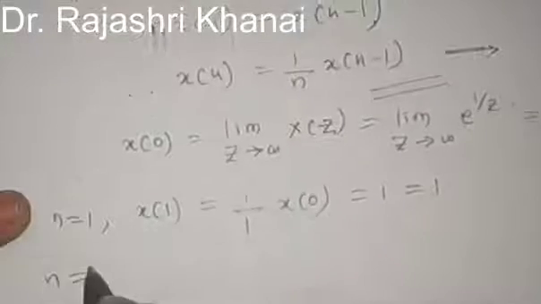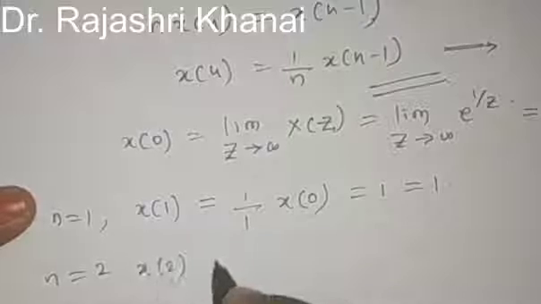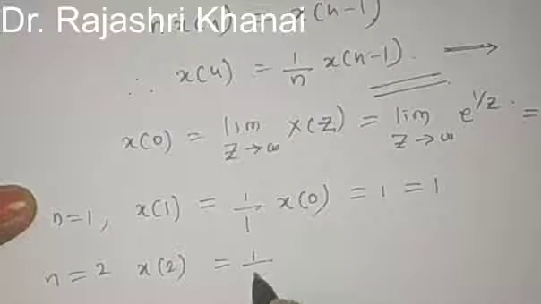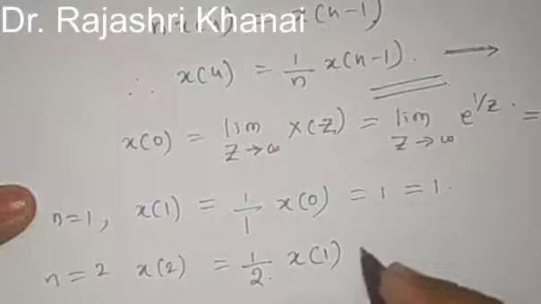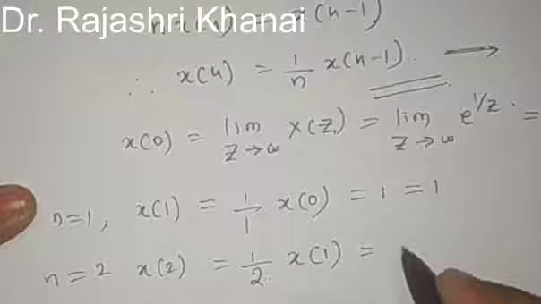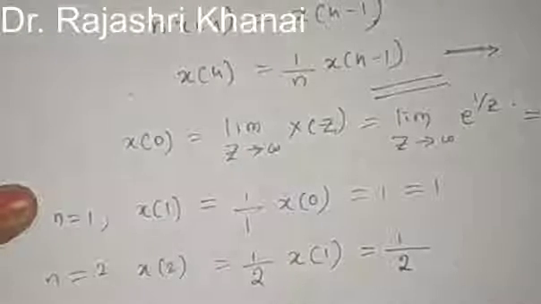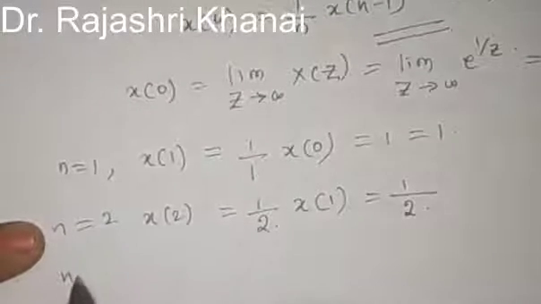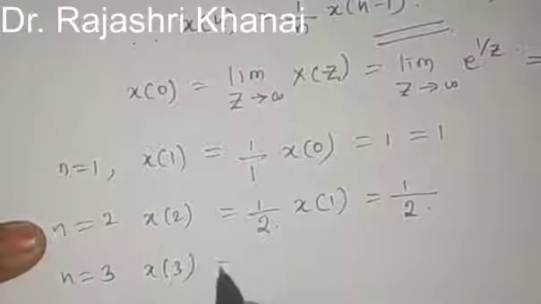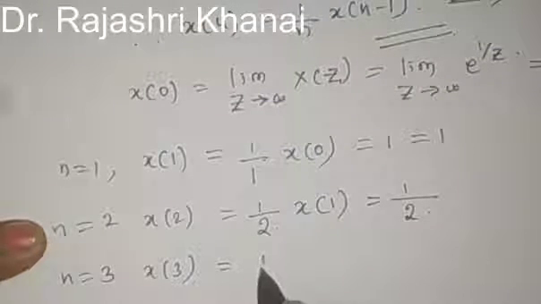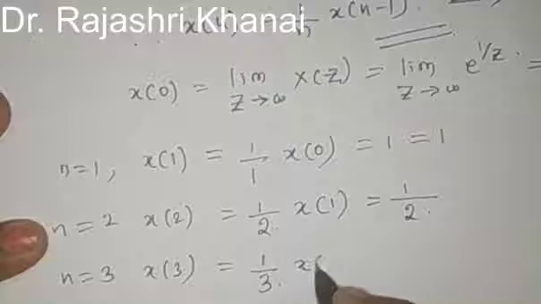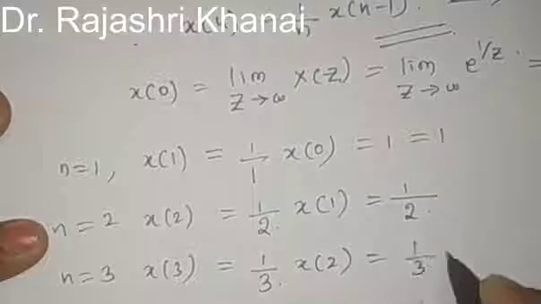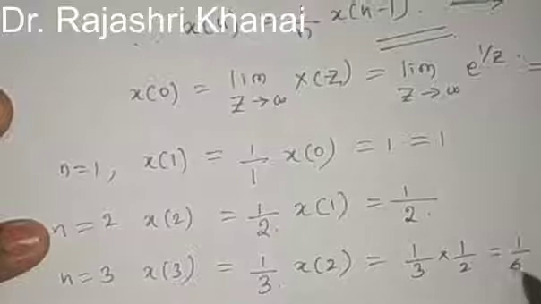Now for n equal to 2, I will write x of 2, that is 1 upon 2 into x of 2 minus 1, which is 1, so that is 1 upon 2. And similarly, when I put n equal to 3, I will get x of 3 as 1 upon 3, and then 3 minus 1 is 2, so it is x of 2. So 1 upon 3 into 1 upon 2 is 1 upon 6.